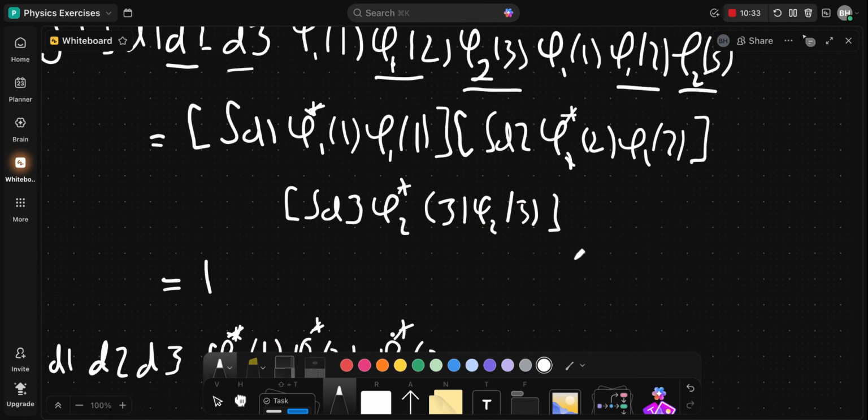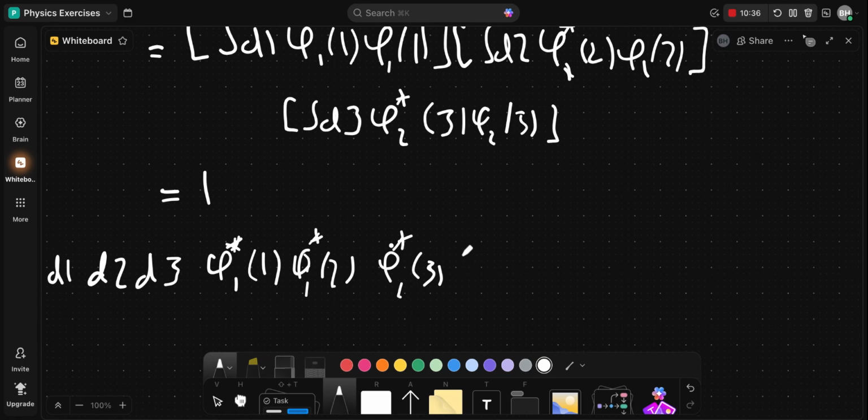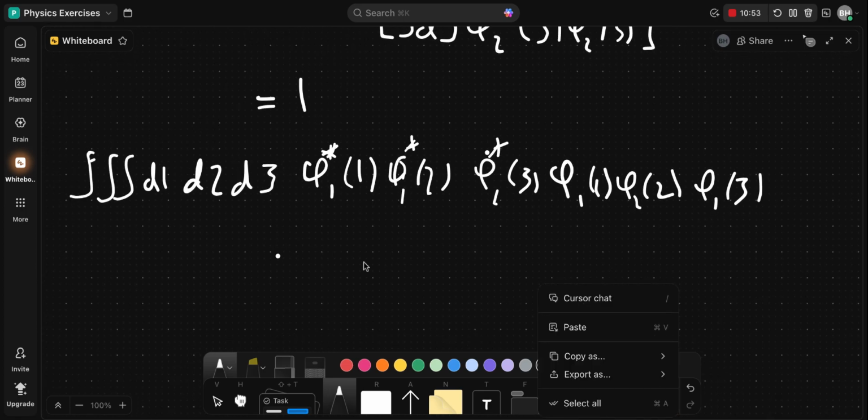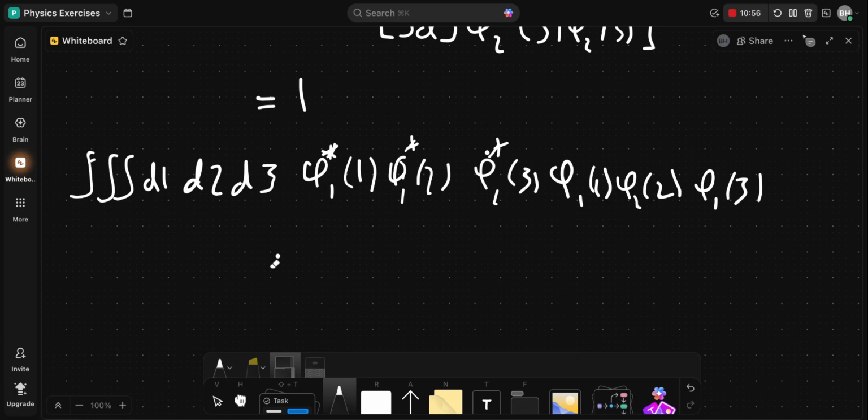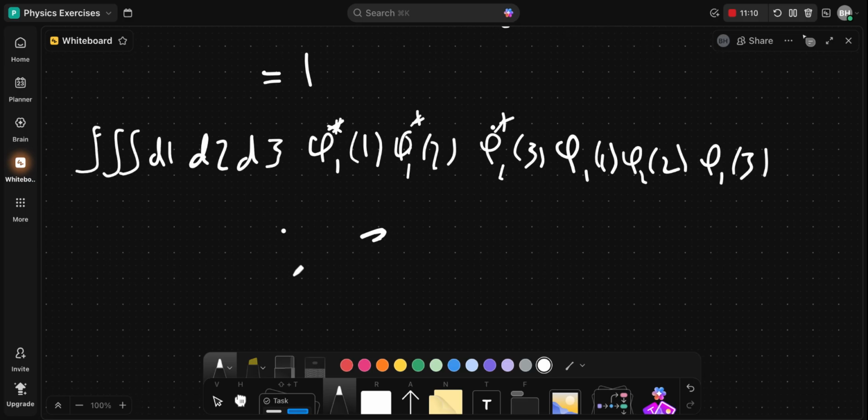Let's see what happens. Okay, so phi 1,1. Let's put the 1 there. Phi 2,2. And phi 1,3. Okay, and that's still a three-particle triple integral. If we work this out in detail, then we have d1 is phi 1 star phi 1.